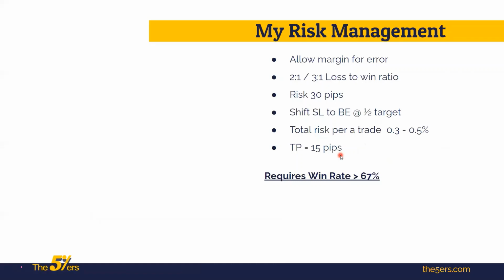This is what I expect to take. This will provide me enough pips for what I want, and I need to be right more than 67% of the time in the market in order to actually be profitable in such a risk management plan.